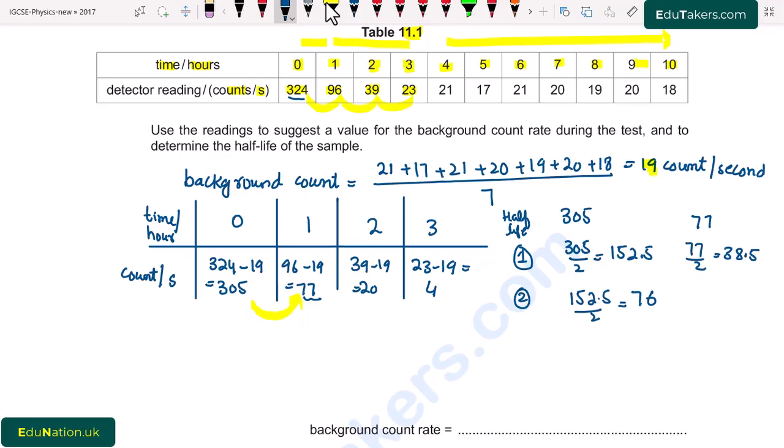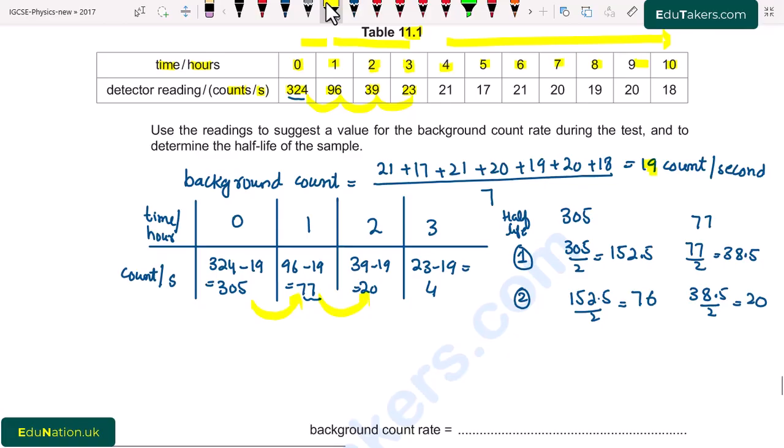Again, when the second half-life passes, half of this value remains, which is equal to 38.5 divided by 2, almost equal to 20. So when 2 half-lives pass, half of this value decays. It means that there are total 2 half-lives.